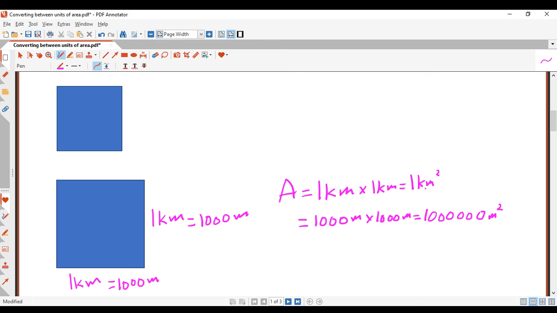Okay, so 1 kilometre squared is equal to 1 million square metres. So we could write that down here. 1 square kilometre is 1,000,000 square metres.